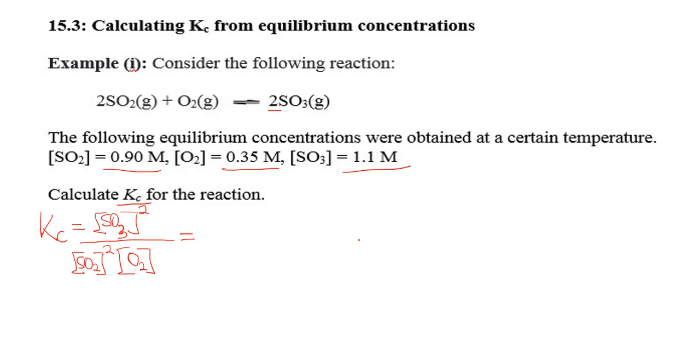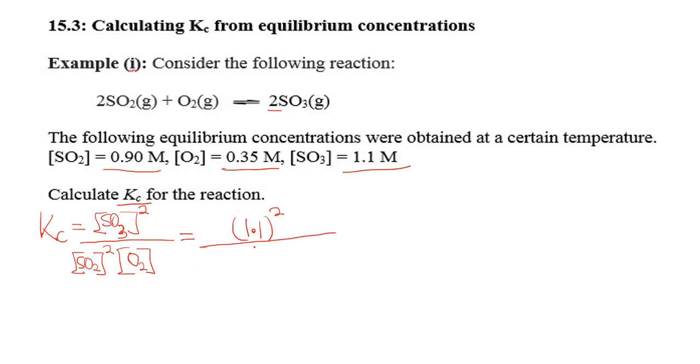From there, we just substitute the concentrations. So instead of sulfur trioxide, we have 1.1, but this is squared.